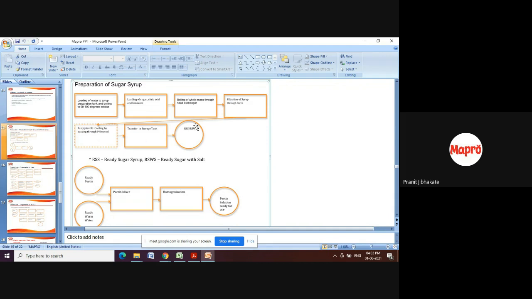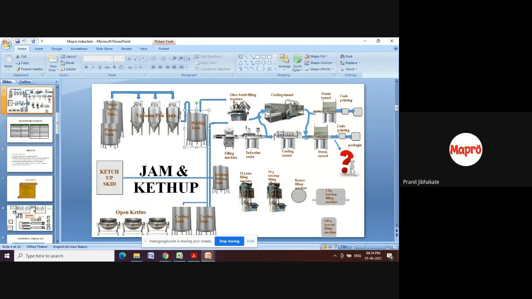But in jam making, we don't need cooled sugar syrup, so we don't require a plate heat exchanger here. Okay, then transfer to the storage tank. Storage tank, here you can see. This is the sugar syrup tank. So from a different line, sugar is converted to this line, the sugar syrup tank.